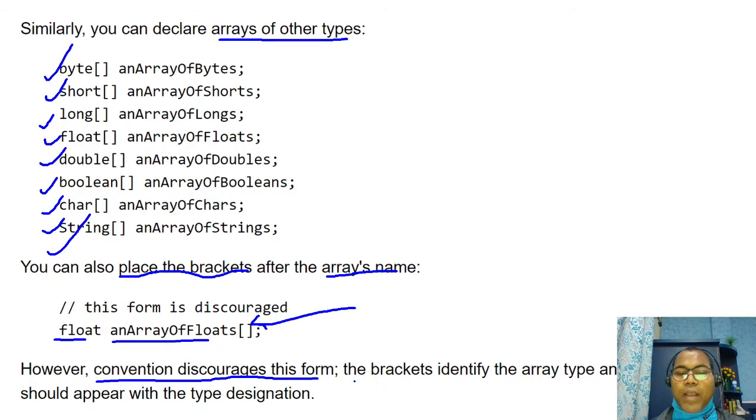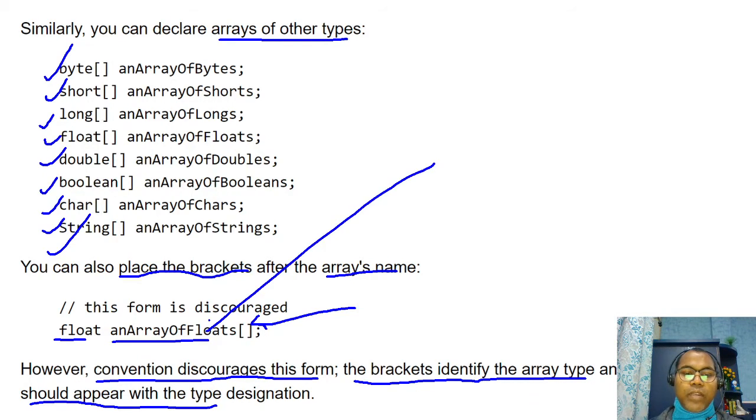The brackets identify the array type and should appear with the type, not the variable. This is the variable, but which type of variable? Simple variable or array variable? So this is part of your data type. This is a part of float, so you specify float[] as the type, an array of floats.